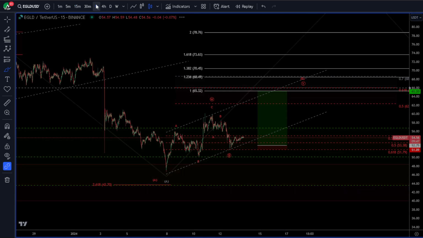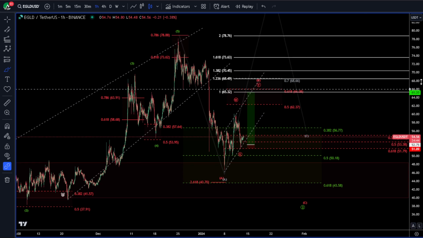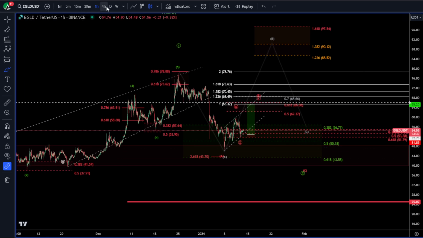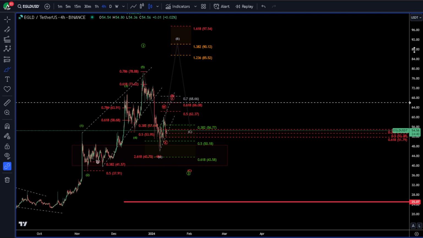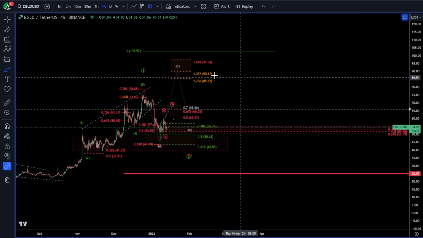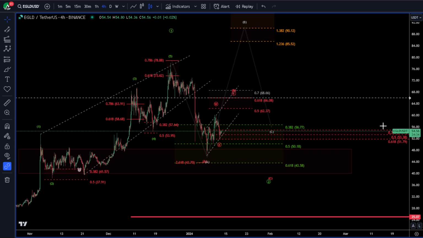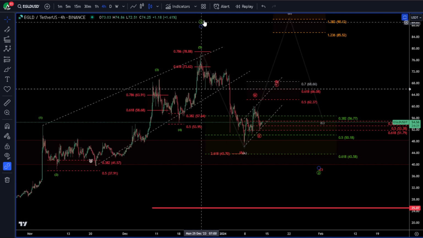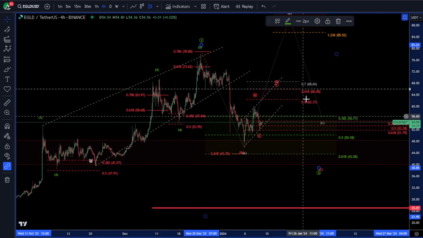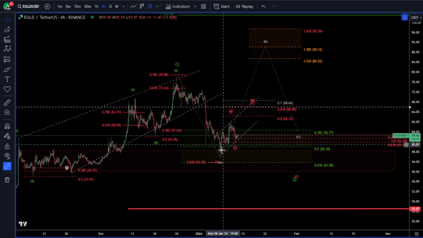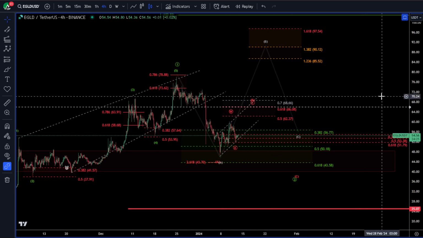All right, guys, so that's it for EGLD. This is actually a very good spot buy for the long term, in my point of view, because we do have 5 waves to the upside as either an A wave or a wave 1. So after this correction ends, whatever it's going to be, there's a lot of options.